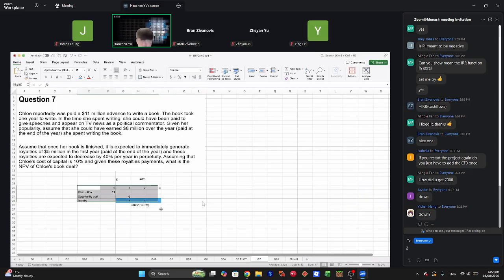And now this will be your timeline. So now we finish the timeline. And that's it. After you have the timeline, you know the cost of capital is 10%. We want to know the value of the NPV. Then it will be very straightforward. So first, we can just convert all these royalties, use the NPV function. Sorry, not the NPV function.